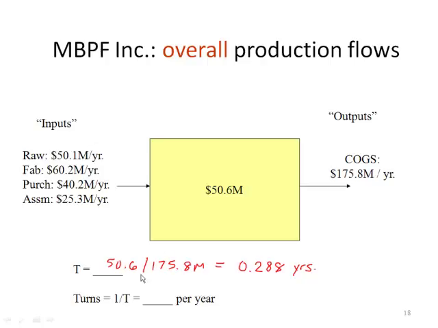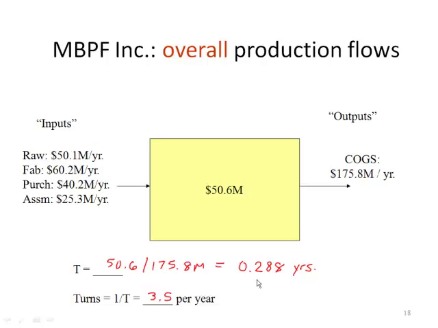So if I take the reciprocal of 0.288, I get roughly about 3.5 turns per year. That's not really a great number, frankly. We would like to increase those turns. How do we increase those turns? Well, the way we increase turns is by bringing the flow time down. The way we bring flow time down is by bringing inventory levels down.